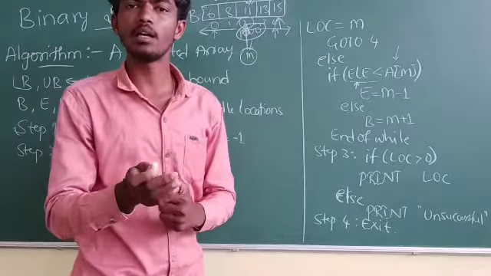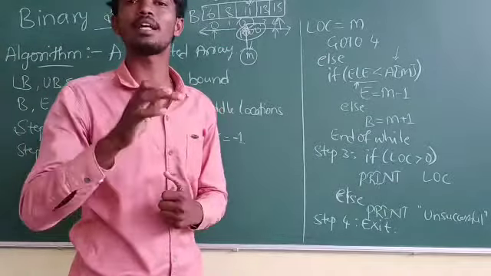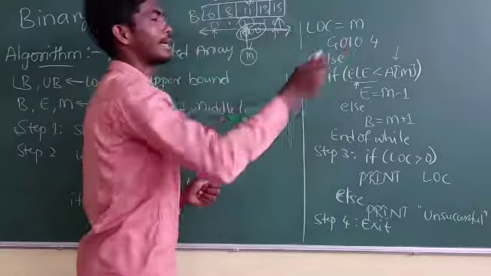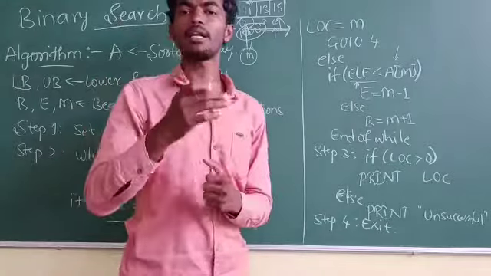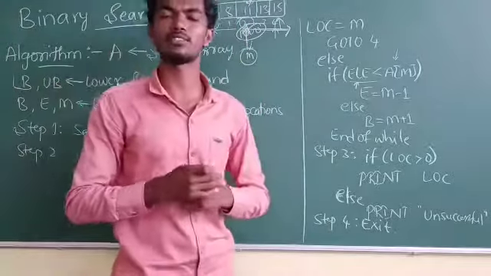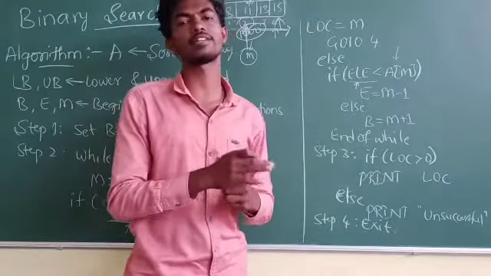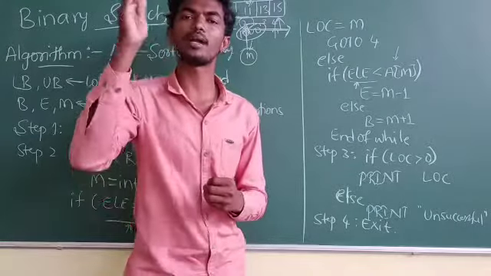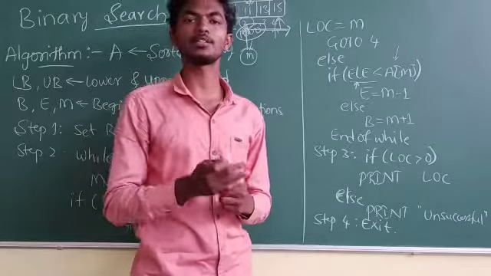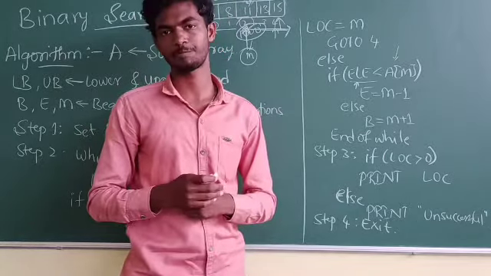If we need more valued elements than the middle element, we have to move forward, in the right direction. Depending upon these conditions, binary search works. These two conditions are very important. If you understand these two conditions, then it will be easy to understand binary search.